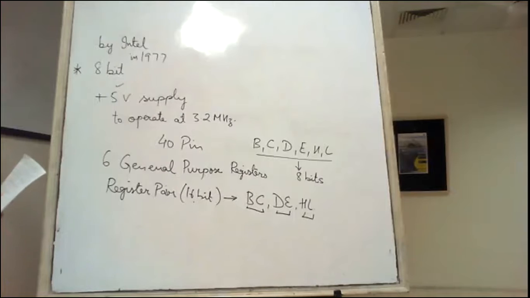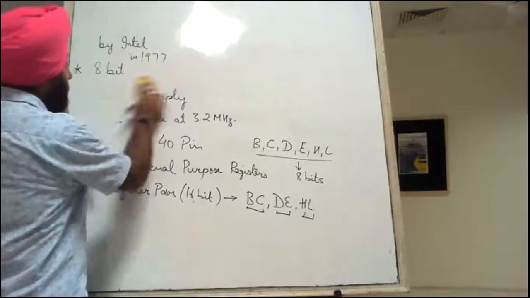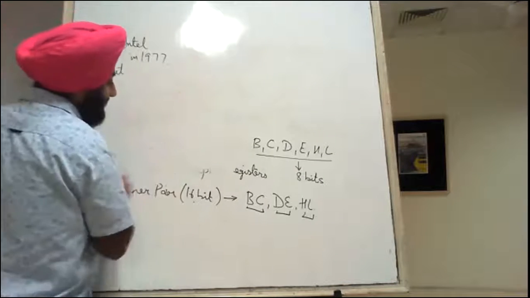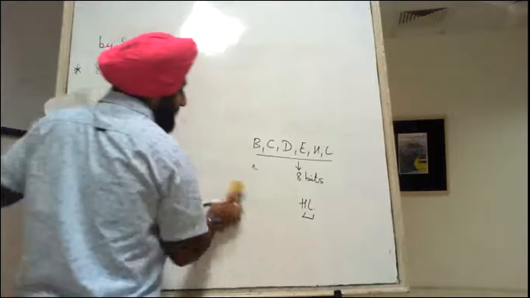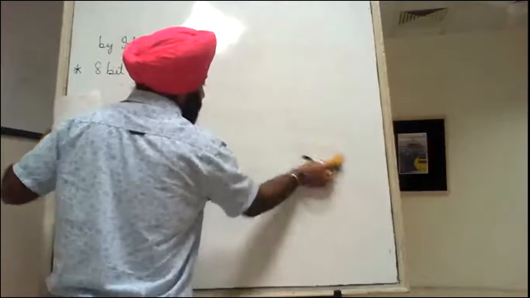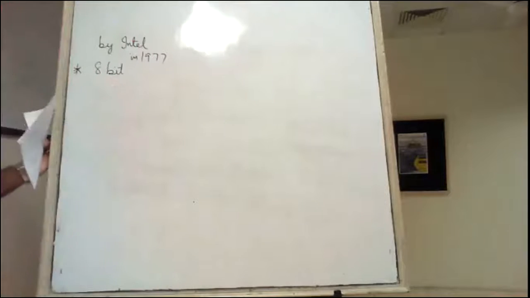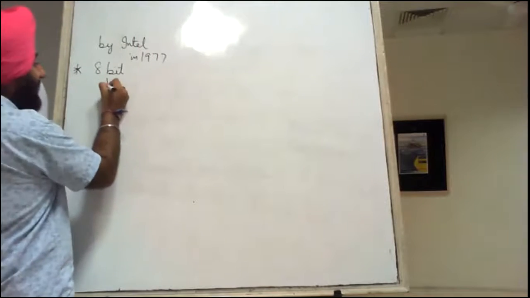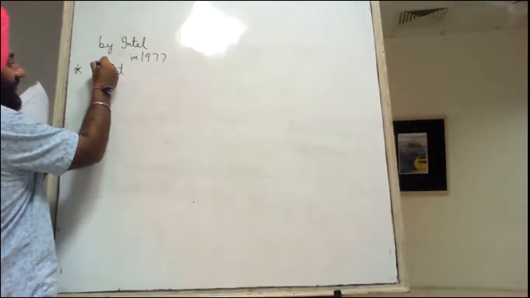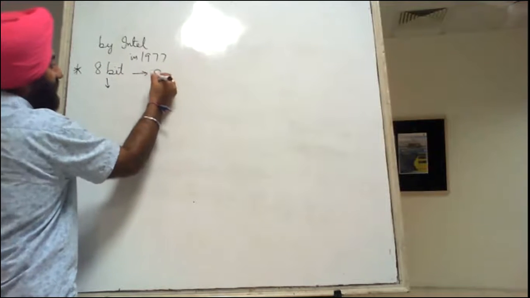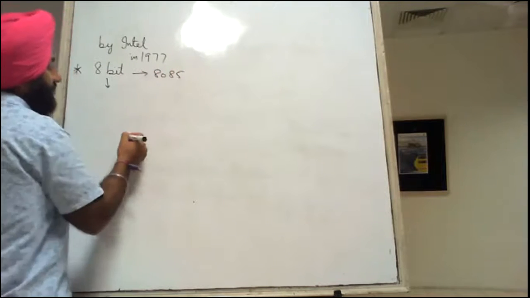Next we have 8 data lines, or you can say that the size of the data bus is 8 bits. Why is it 8 bits? Because our 8085 is 8 bit.